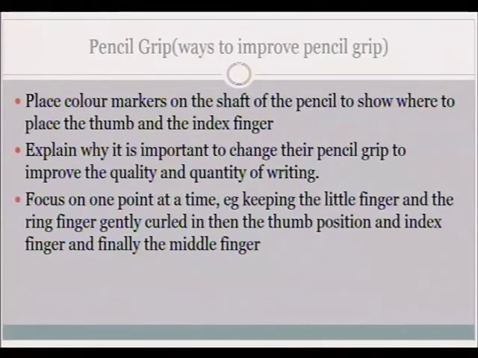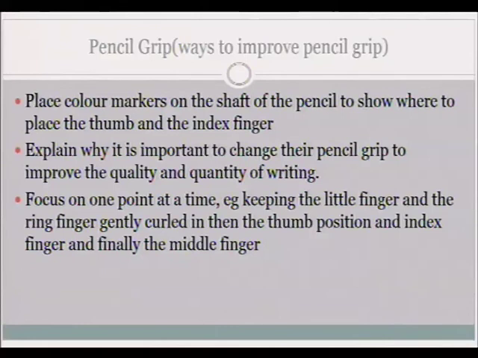Focus on one point at a time, e.g. keeping the little finger and the ring finger gently curled in, then the thumb position and index finger, and finally the middle finger. So you take them step by step. This is how your small finger and your ring finger are going to be. This is where your thumb should be, and this is where your index finger is going to be.